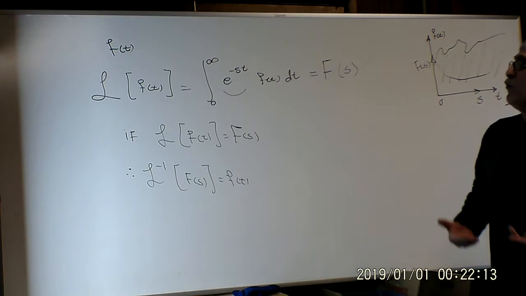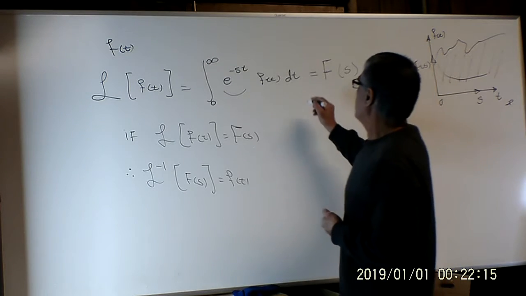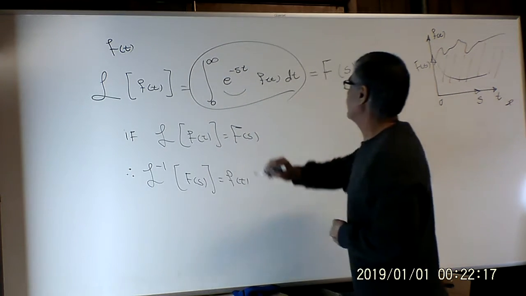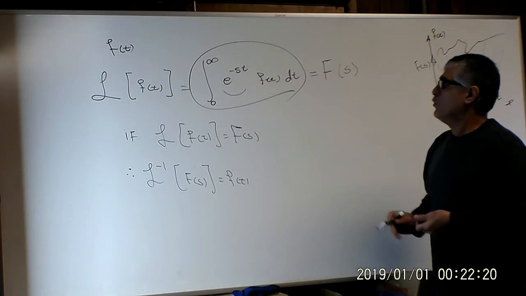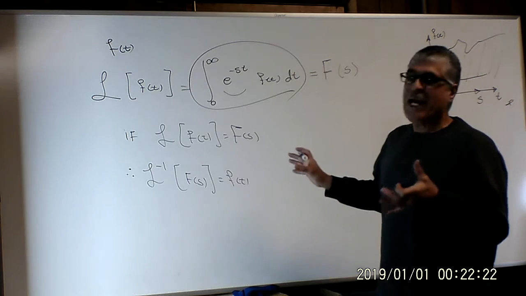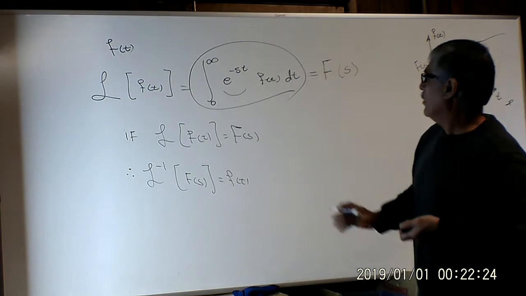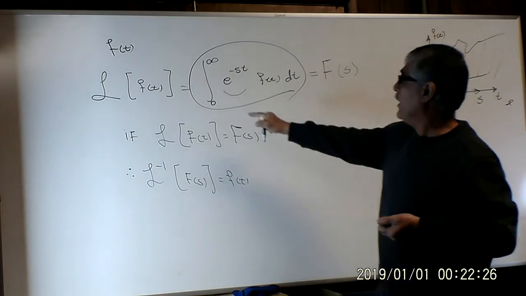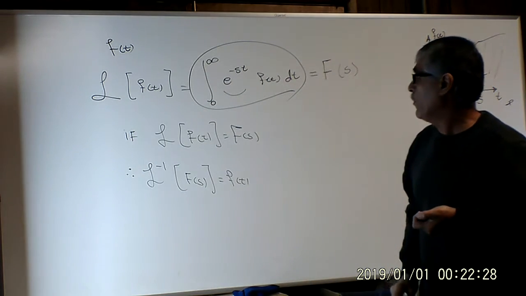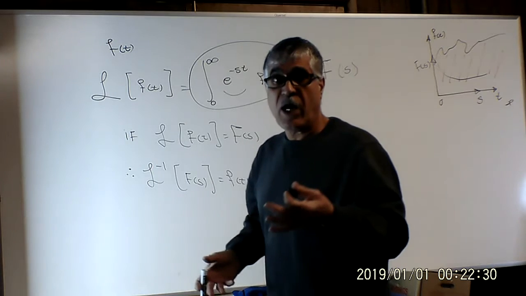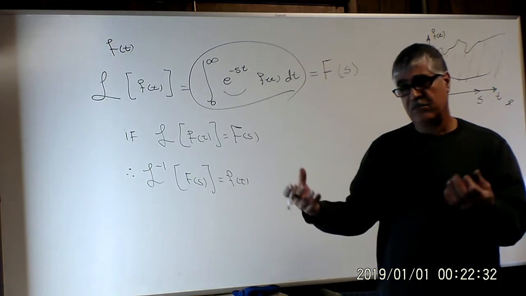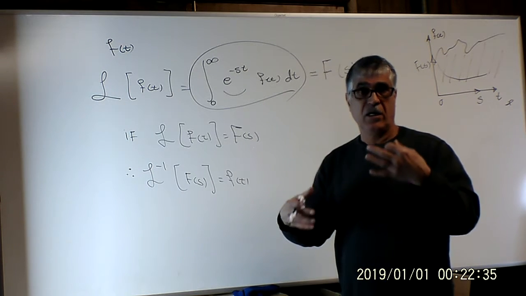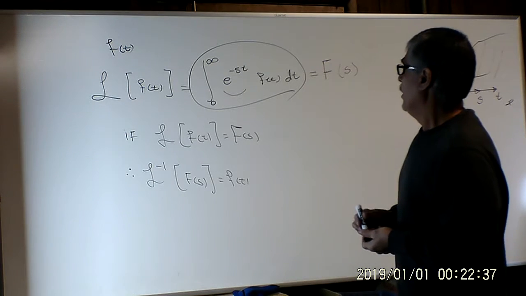So the step for Laplace transformation is this formula. The only challenging part in this is the integration formula, so it's very handy to have a math handbook that has a list of a lot of integral formulas.